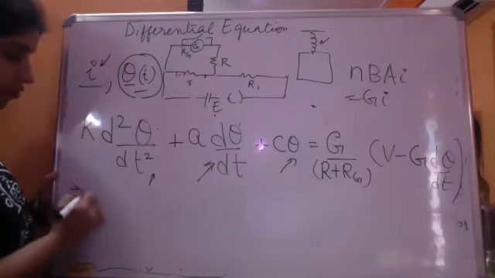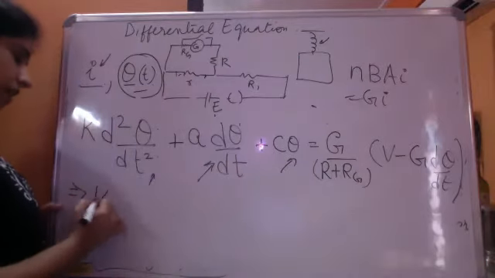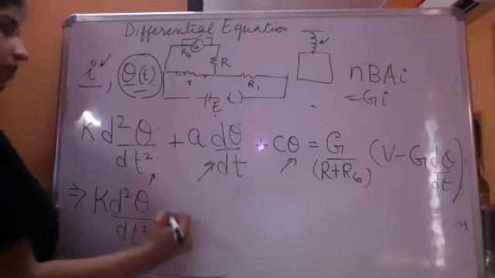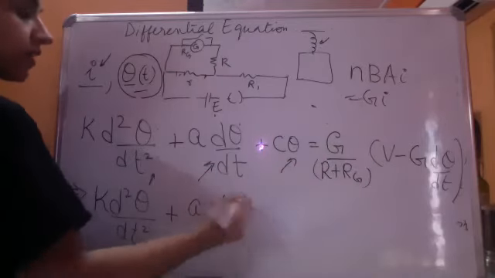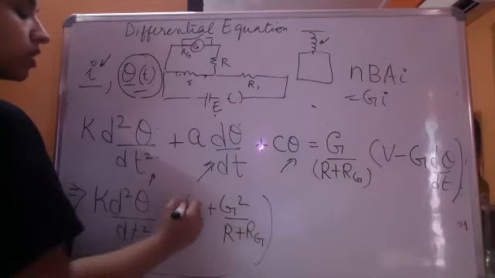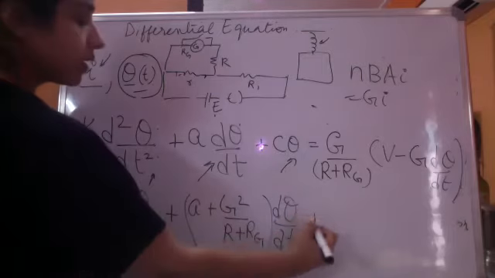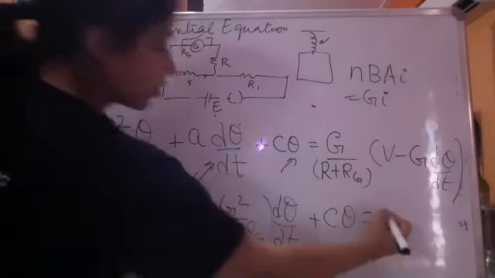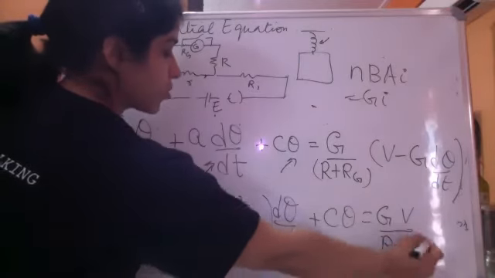Or I can rewrite by bringing that G d theta term here, my differential equation as, you will see there's going to be a G square over R plus Rg d theta by dt plus C theta equal to G V over R plus Rg.